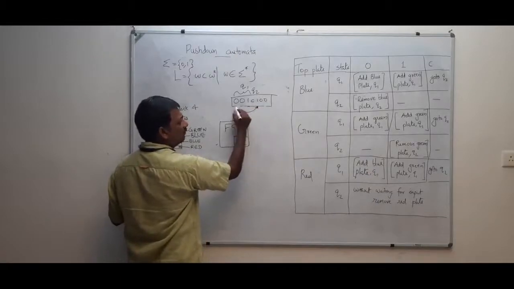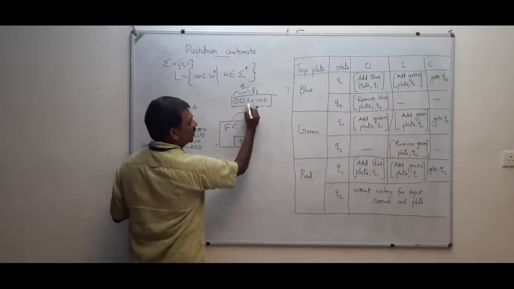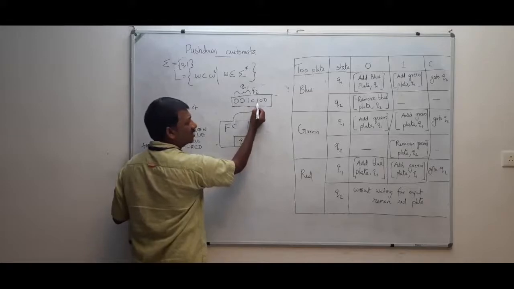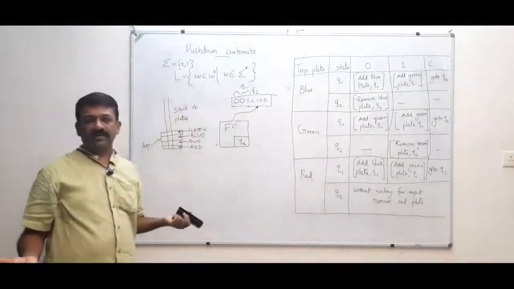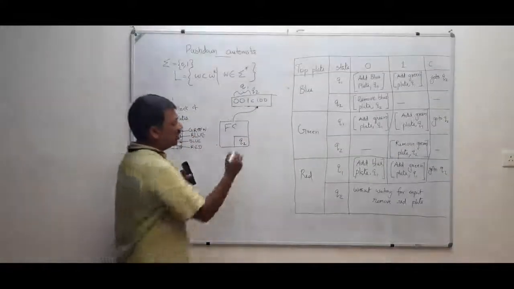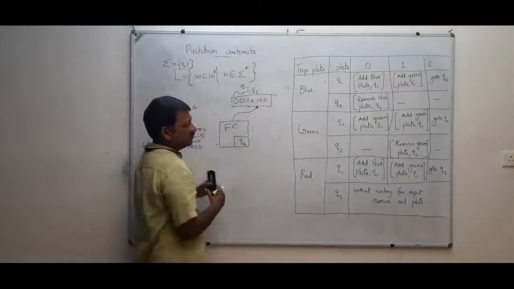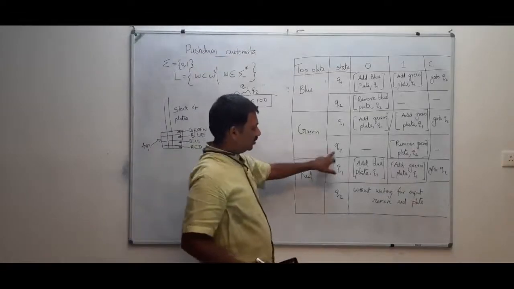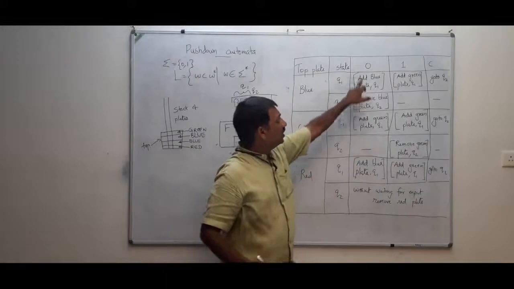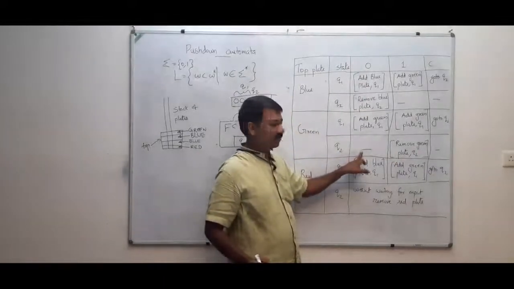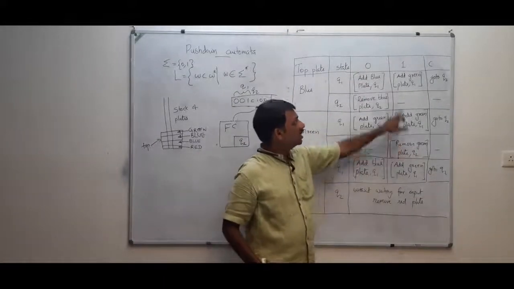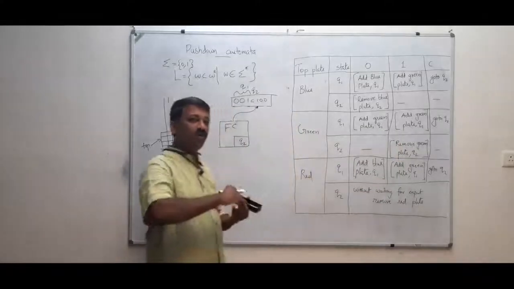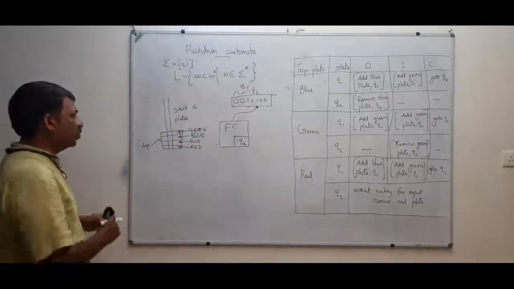If this has to be a valid string, then this 1 has to come here. If it is 0, it is not a valid string. So it is expecting a 1. That is why here green Q2, and if it encounters a 0, that is an error. If it encounters a 1, then you are going to pop that plate, that means remove that plate.